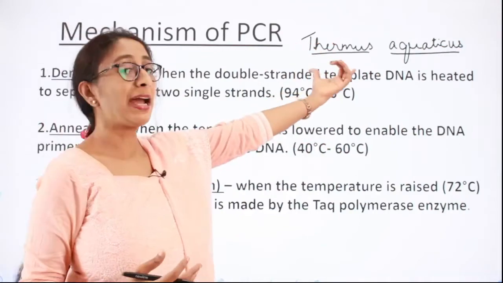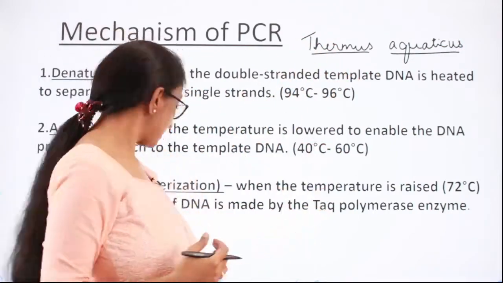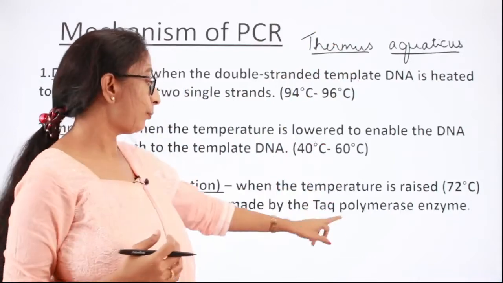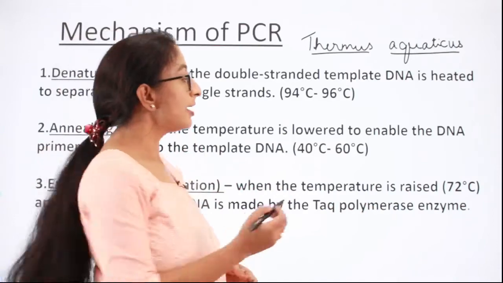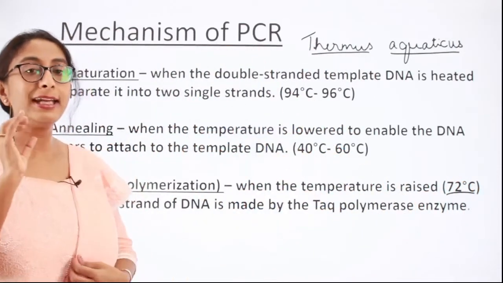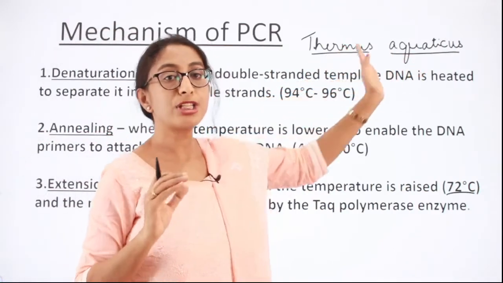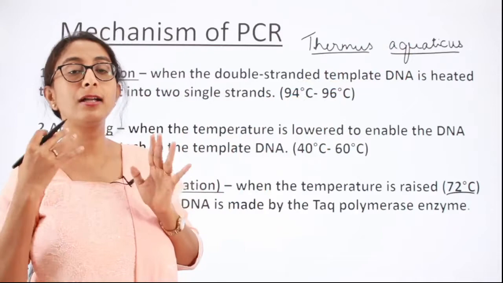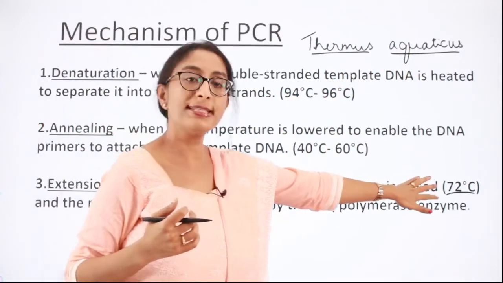From this bacterium they extracted the enzyme Taq DNA polymerase, which is most active at a temperature of 72 degrees Celsius. So the DNA polymerase extracted from Thermus aquaticus, which lives in the hot springs, has an optimal temperature of 72 degrees Celsius.